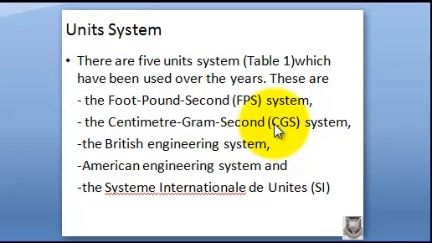We also have the British engineering system, American engineering system, and the commonest one is the Système Internationale des Unités, which is most commonly used nowadays, usually referred to as SI unit system.